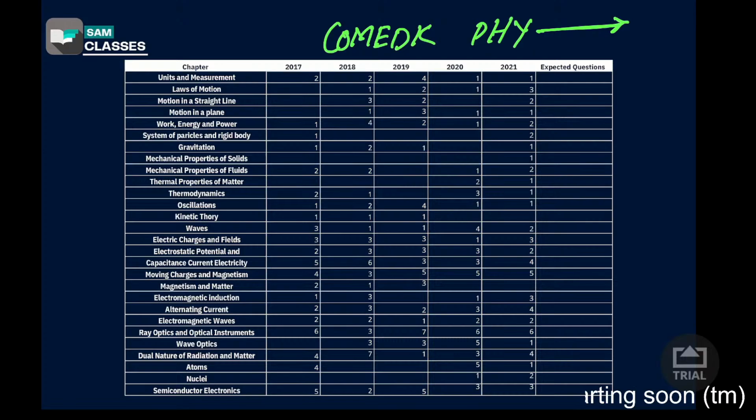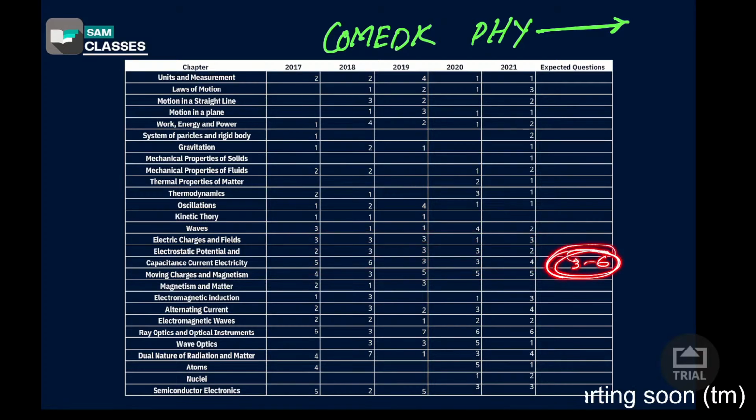So don't worry. Now, see here everybody, in the COMEDK analysis part, electric charge is also important, 3 marks, potential 2 to 3, current 3 to 6.